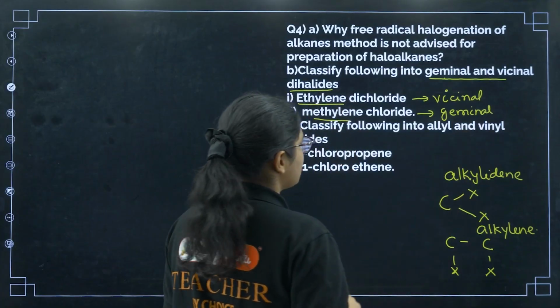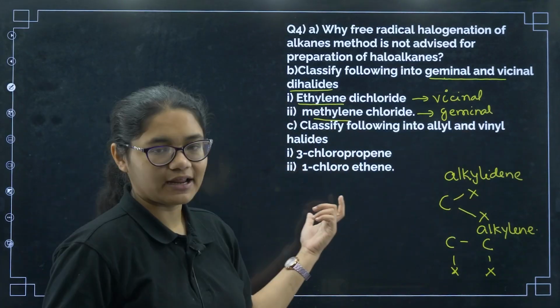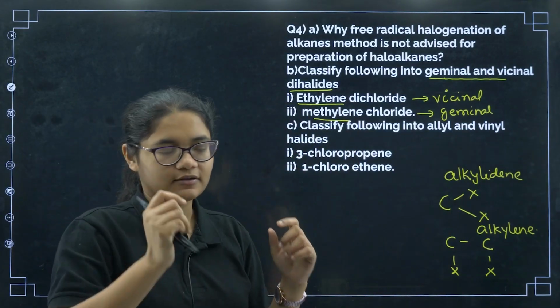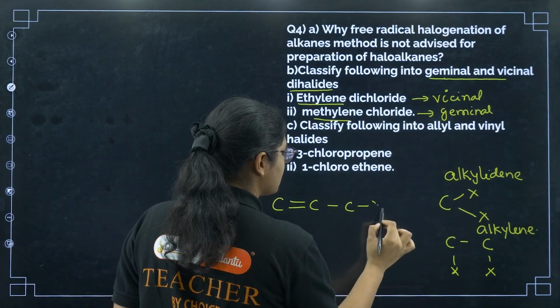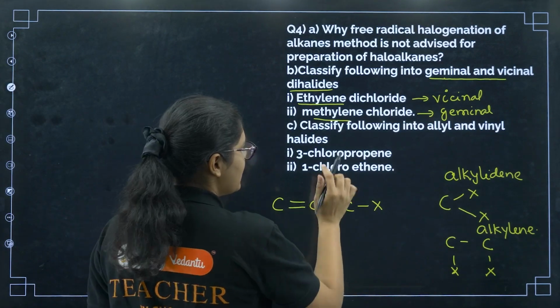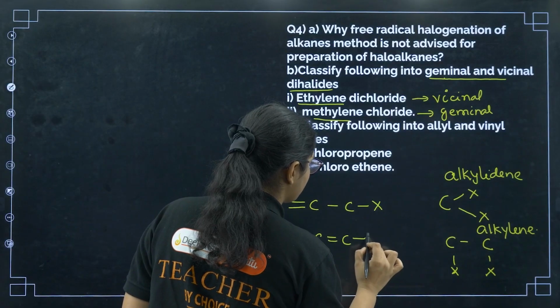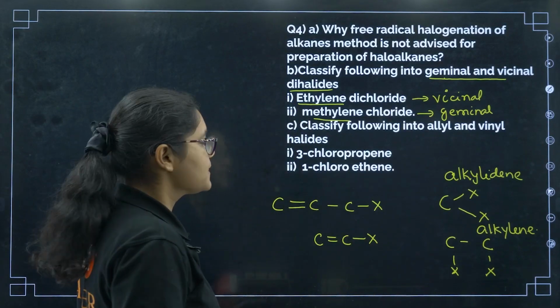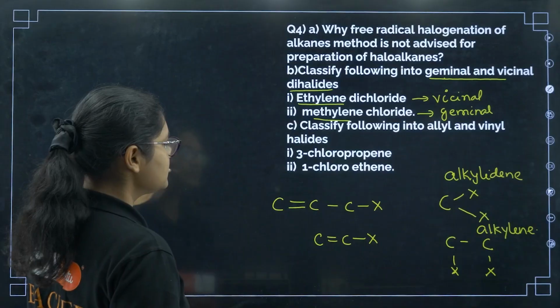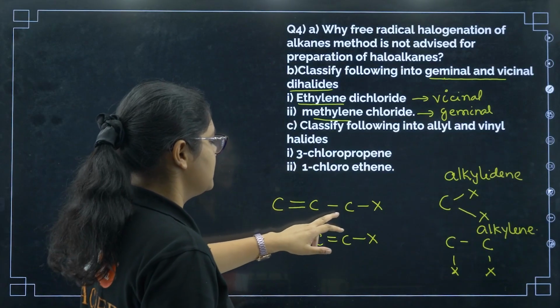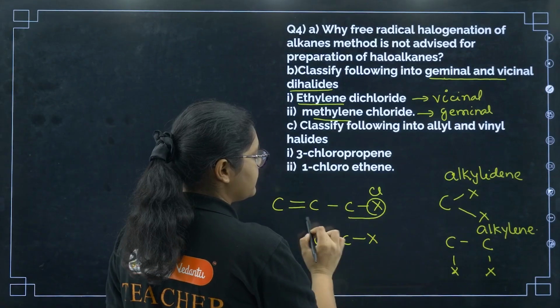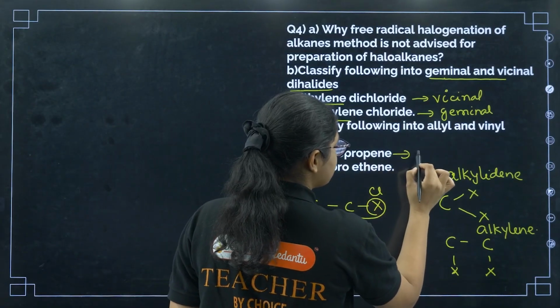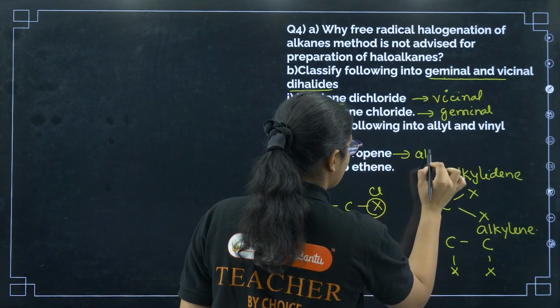Clear? Next, classify the following as allyl and vinyl. Allyl means you have a carbon double bond, and if on the next carbon you have X, that is called allyl. Vinyl is when you have X on the same carbon as the double bond. So 3-chloropropene has the chlorine on the carbon next to the double bond, so I can say this is an allyl group.